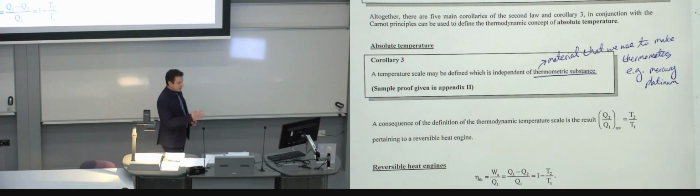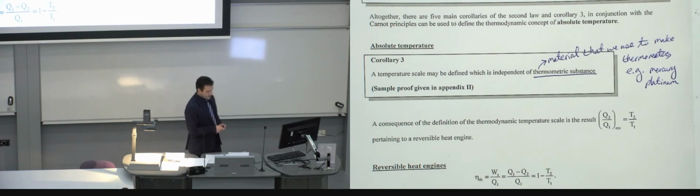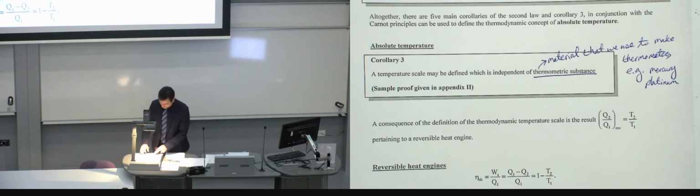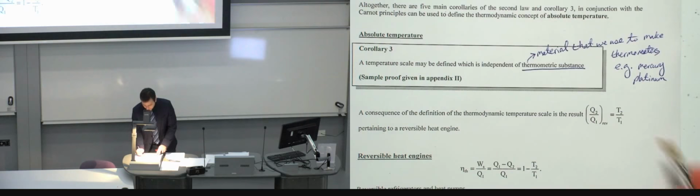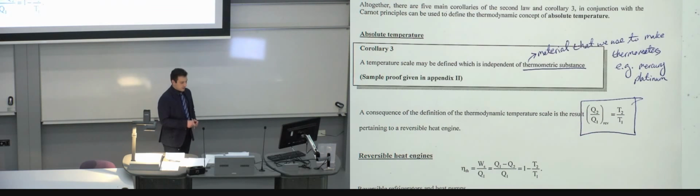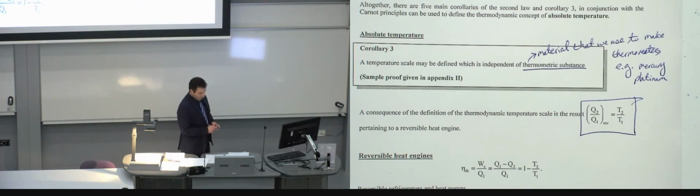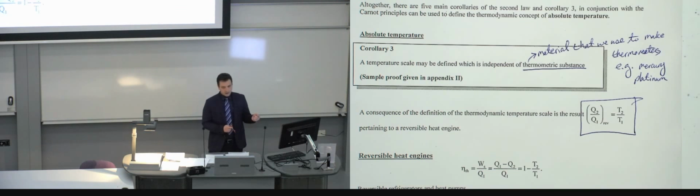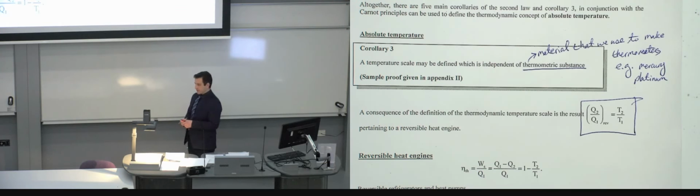This statement, along with the previous two statements, has a very important implication. It means that as long as you have a reversible heat engine, wherever you have Q, you can replace it with temperature.